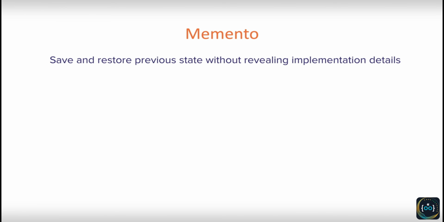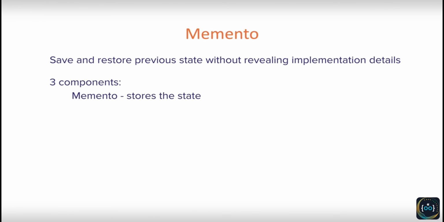So the memento at its core is simply a system to save and restore previous state without revealing the implementation details. So we don't care what the user actually did or what the details are in each memento. We simply want to be able to move back and forth between elements of this memento chain.